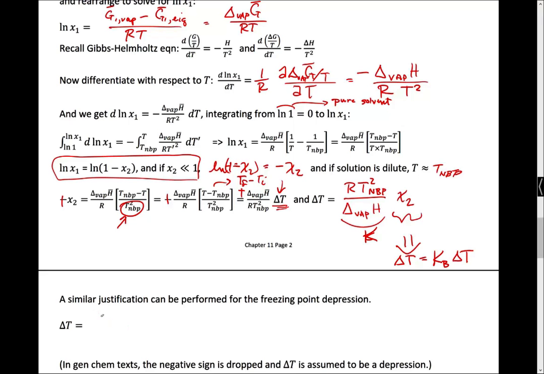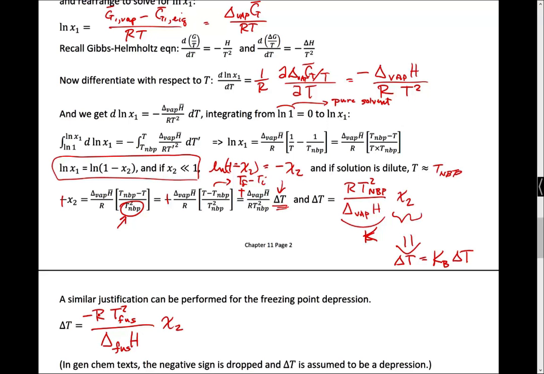So this will be delta H. Whoops, I'm looking for delta T. So it's going to be R T squared now of the melting point, fusion, divided by delta H associated with melting times x2. And when you do this derivation, you find that this comes out to be negative.